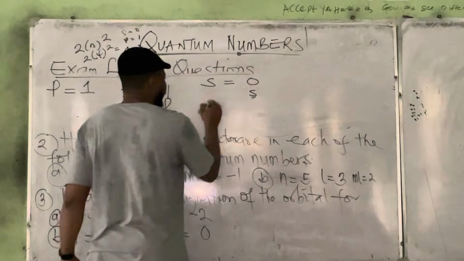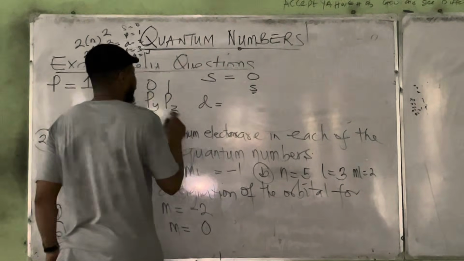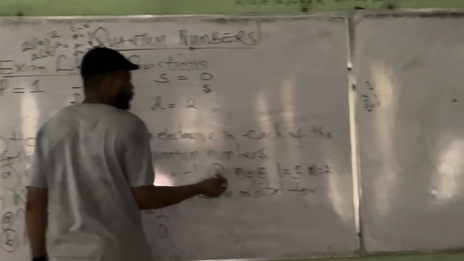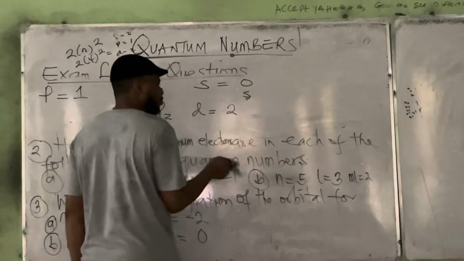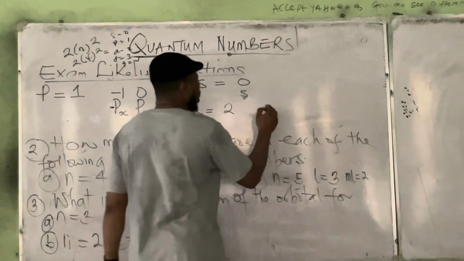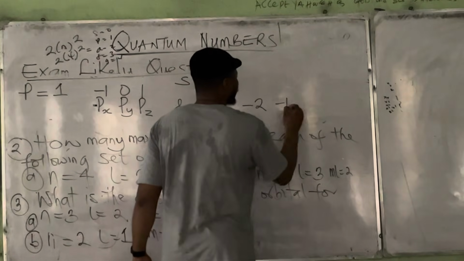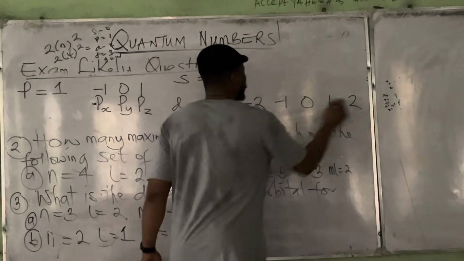Now for D, when D is the subshell, l is 2, is it not? The orbitals are -2, -1, 0, 1, and 2.